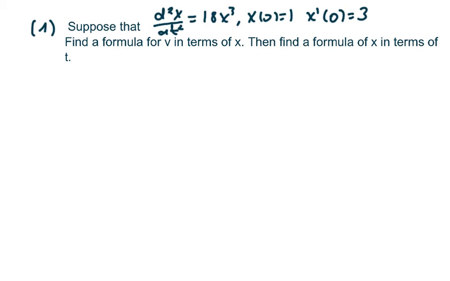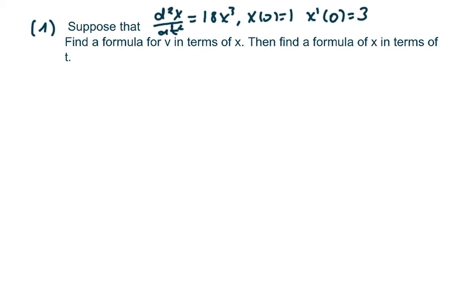Our initial conditions are x of 0 equal to 1, x prime of 0 equal to 3, and we are asked to find a formula for v in terms of x, then find a formula of x in terms of t. This is essentially the direct application of what we understand under the name of the plane method. So let's see how this goes.